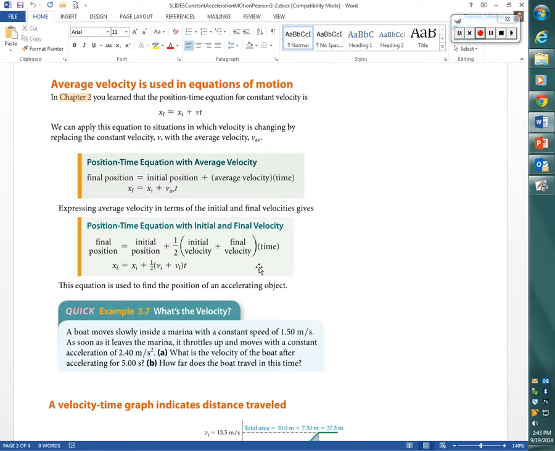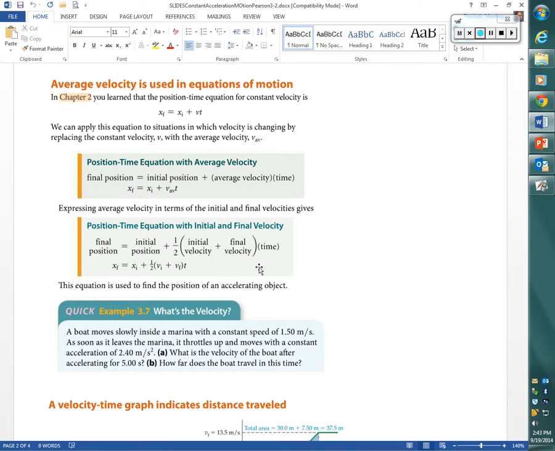So at the top of page 2 of your packet, it says, average velocity is used in equations of motion. As long as the acceleration is constant, we can substitute in that expression of v average is equal to v initial plus v final divided by 2 anywhere that velocity showed up in an equation previously.